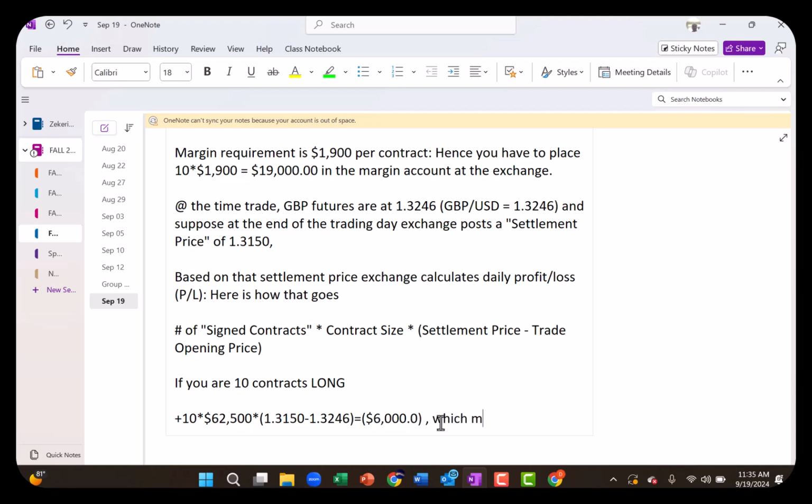Which means the value of your margin account went down to 19,000 minus 6,000 to 13,000.